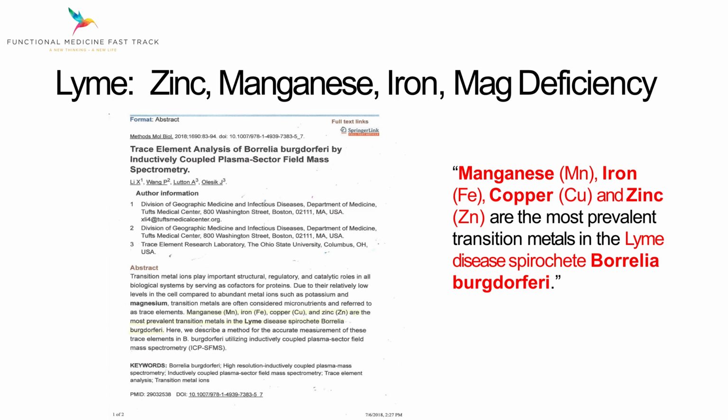And this creates a host of problems for a number of reasons. One of the main reasons is that these are critical for the immune system and the mitochondria and many other situations. But these four main elements have been seen in Lyme disease patients to be very deficient.